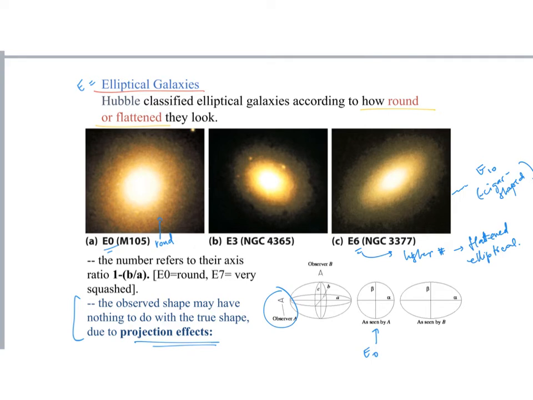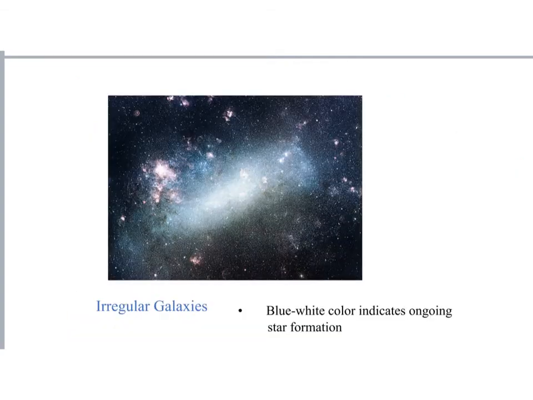However, if you look from the perspective of observer B, you would see it as a higher number. I don't know, an E6 type of elliptical. So things are not as clear-cut as we want them to be.